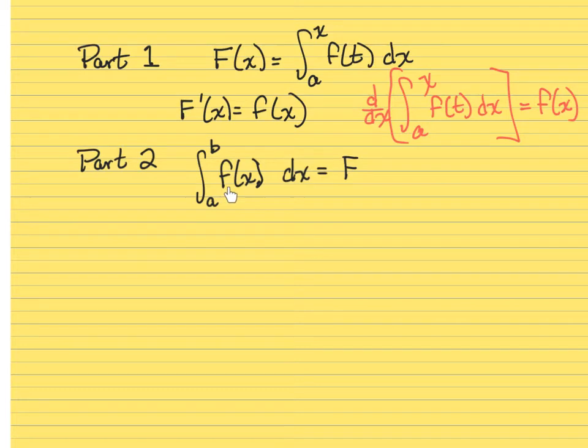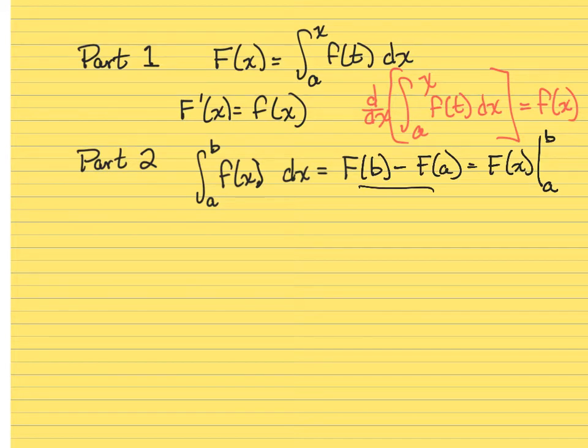You find the antiderivative of this function. You evaluate it at b, and you evaluate it at a, and you subtract it. Now, sometimes we'll write it like this: F of x with this big bar from a to b, and that means this right here. Okay, this is the big thing. If you want to evaluate integrals, you're going to use antiderivatives.